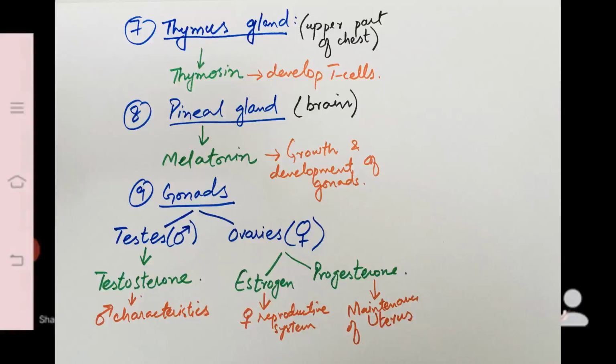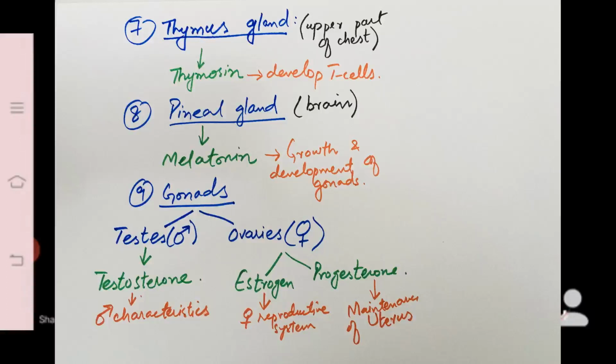The location of the thymus gland is the upper part of our chest. It secretes thymosin, which helps develop the T cells, the defense system of our body, right? Thymosin develops the T cells, the leukocytes.